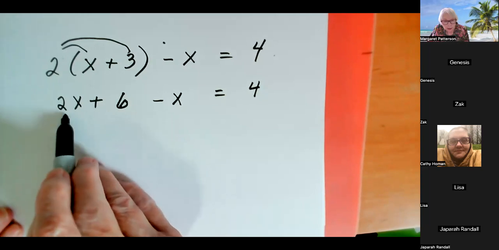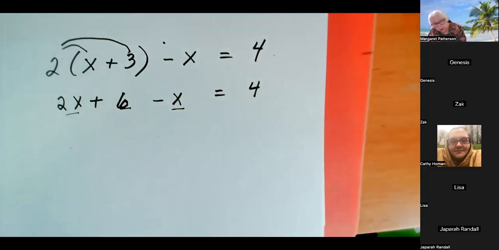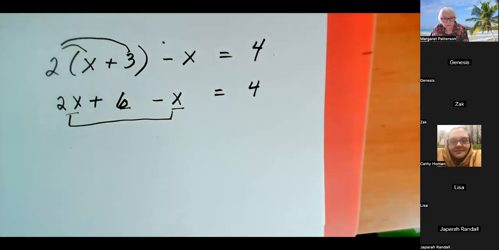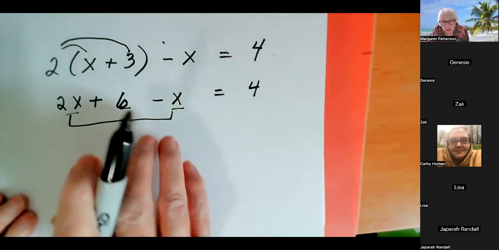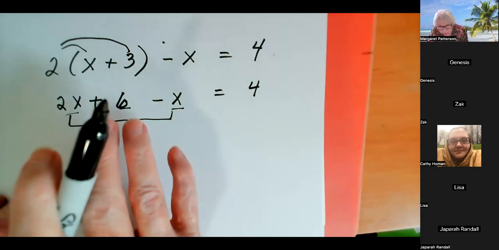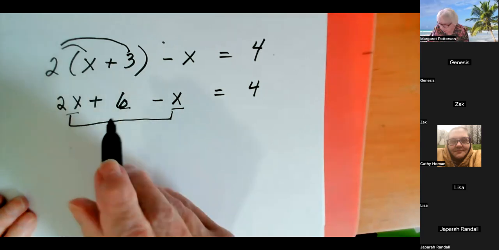I have 1, 2, 3 terms. 2 of them are alike, and they need to be combined. If you want to rewrite it, or just think it out, it doesn't matter to me as long as you're able to do it correctly.